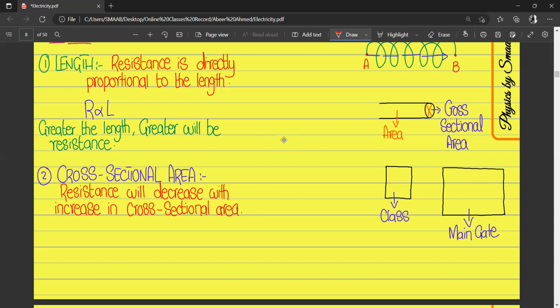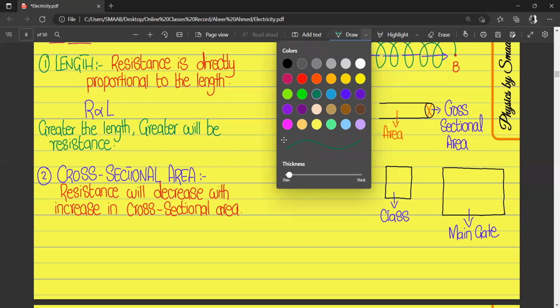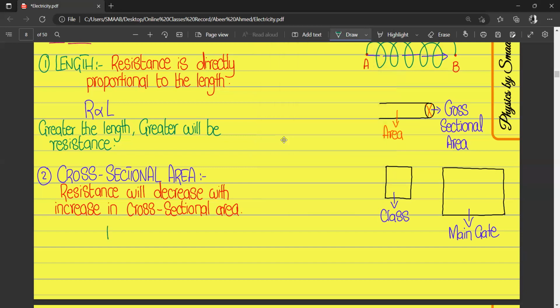So it means that resistance is inversely proportional to the cross sectional area. So R is inversely proportional to cross sectional area. Okay, so this is another factor that affects the resistance of a wire, right?